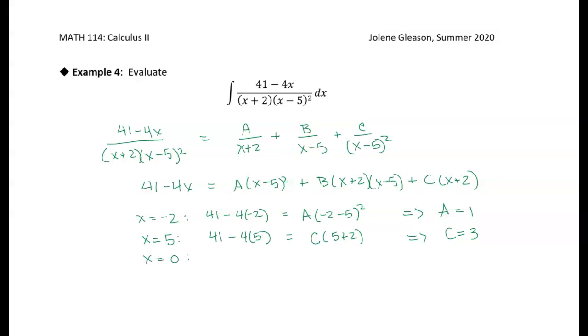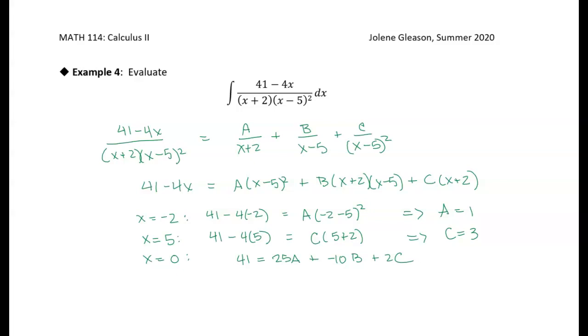If I put that in, I end up with 41 equals minus 5 squared, so that'll be 25A, plus 2 times the minus 5, so minus 10B, and then this will be 2C. Now, I already know A and C, so that's convenient.